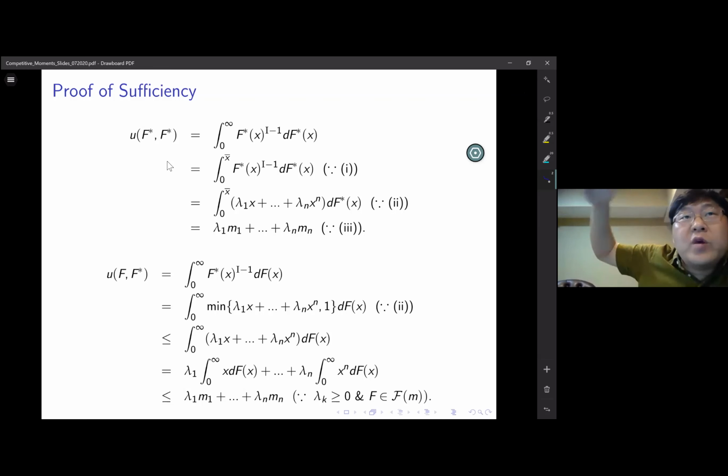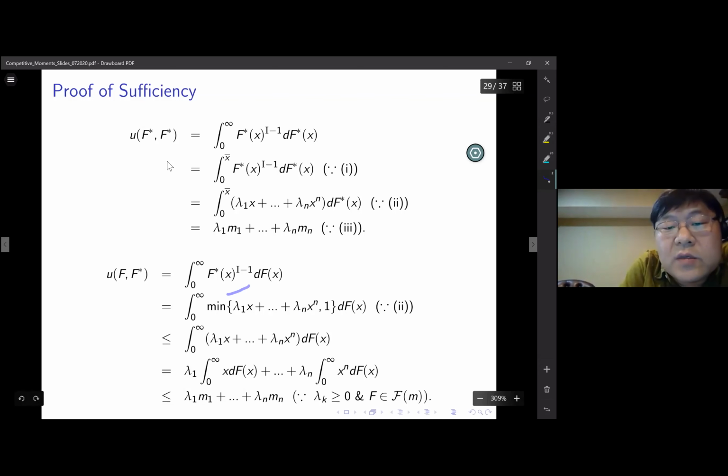But if you go beyond the support, the value is going to be equal to 1, so we can replace F star to the I minus 1 with this function. We just use the fact that the distribution function cannot go above 1. Okay. If we take out this minimum operator, now we get this inequality.